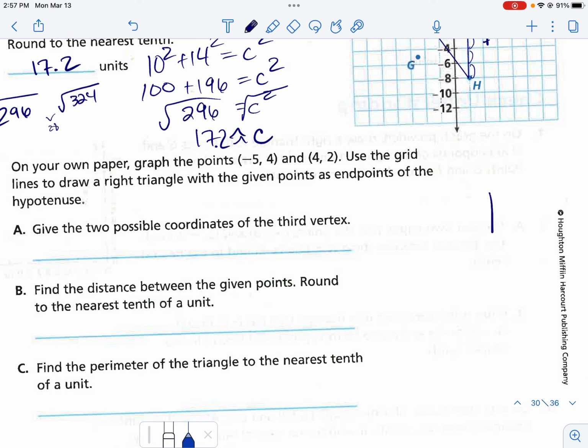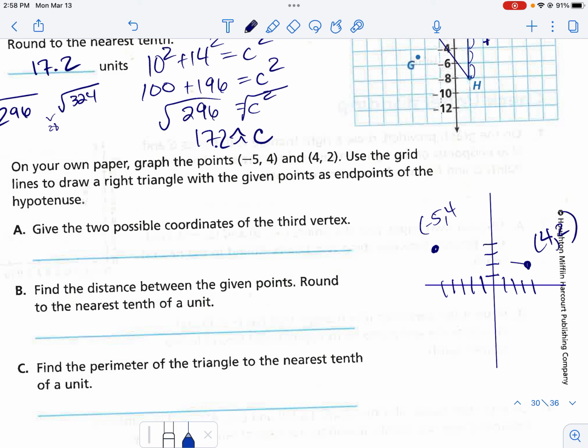Okay, so negative 5, 4. Come on. 1, 2, 3, 4, 5. 2, 3, 4. Negative 5, 4. And 1, 2, 3, 4, 2. Okay, that was a horrible 4. 4, 2.